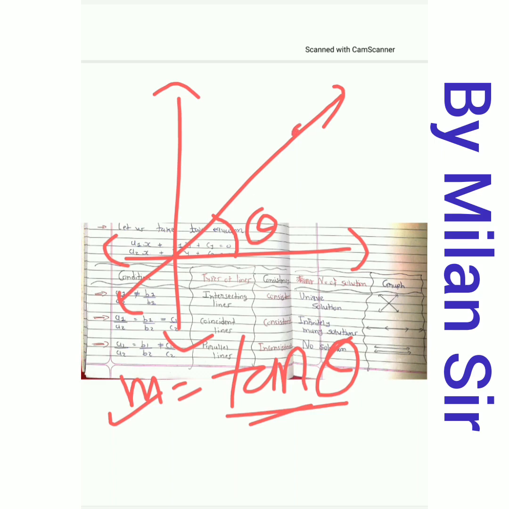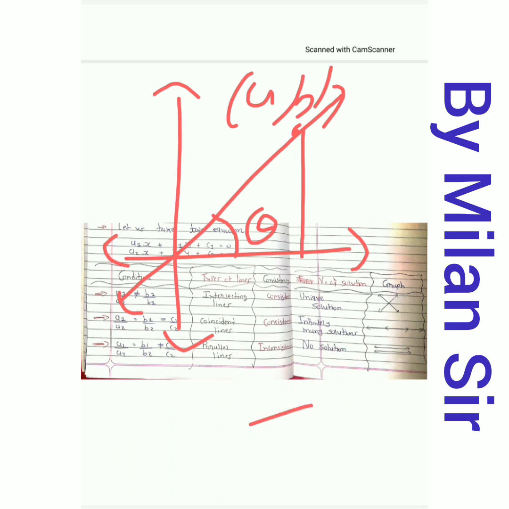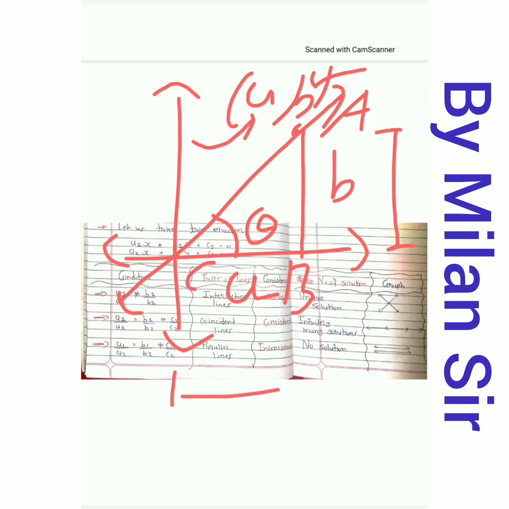Here, for example, I take one point, and name the points A, B, C. So AB is equal to b and BC is equal to a. Horizontal distance is represented by the x-axis and vertical distance by the y-axis.